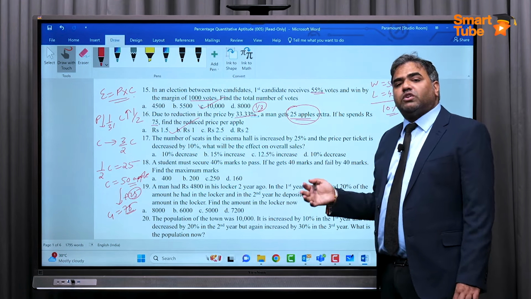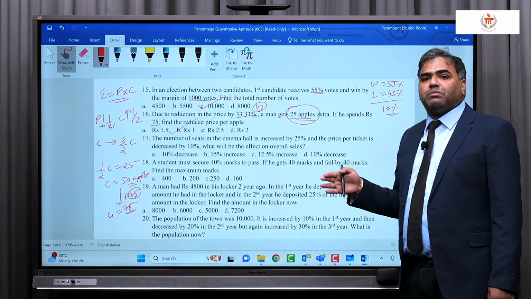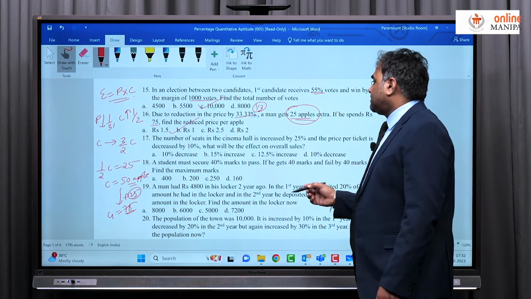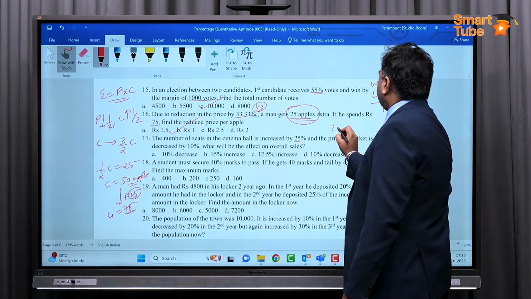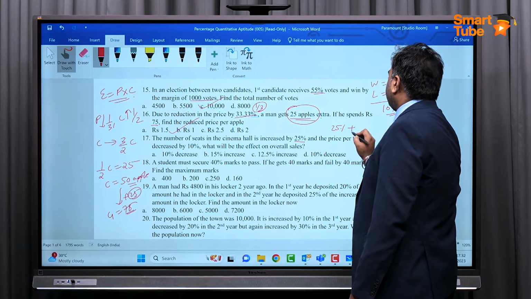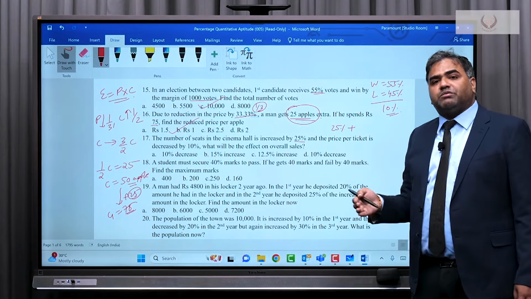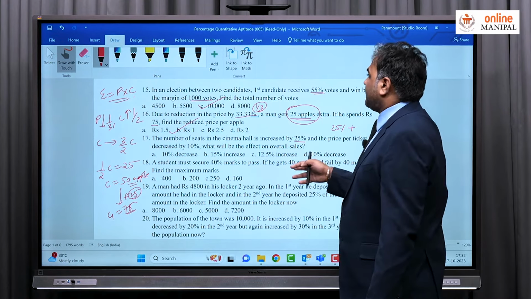Then question number 17. Question number 17 you can do by the formula which I told you, x% plus y% plus xy by 100%. Here the number of seats in the cinema hall increased by 25%. If something increases, put a plus sign; if something decreases, put a minus sign. And the price per ticket decreases by 10%.